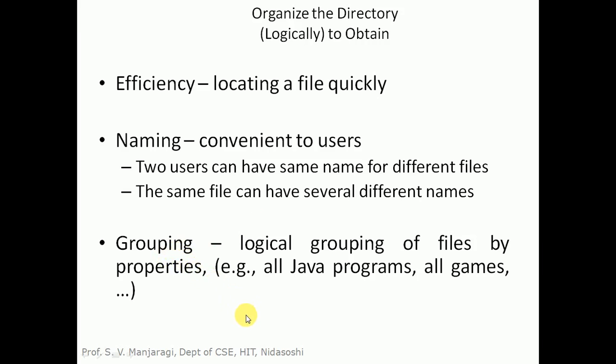That is the logical grouping of the files by different properties. For example, all Java programs can be grouped into one particular directory or folder. All games or gaming programs can be put into a particular folder or directory. So grouping is provided by the directory file. Efficiency, naming and grouping.